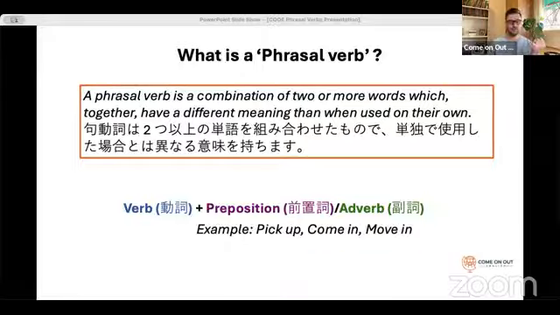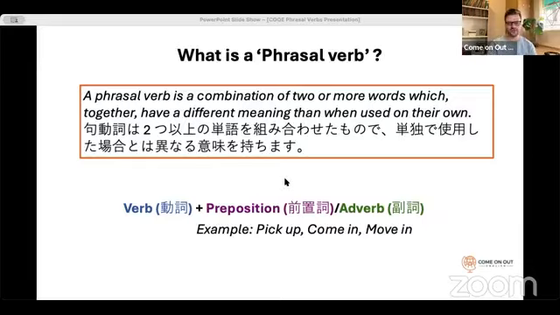Come, doshi, in, zenchishi. Verb and preposition. Or move in. Move, verb, doshi, and in, preposition, zenchishi. All right, so that's how we build phrasal verbs.